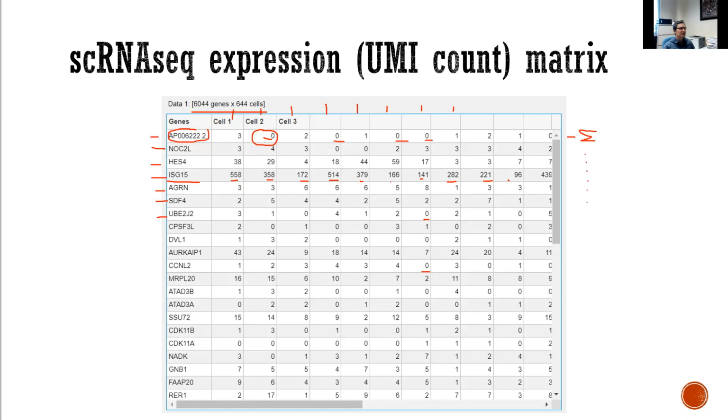If you have a gene with a sum of completely 0, which we don't have in this example, it means that gene's expression has not been detected in any of the cells you measured. You probably want to get rid of this gene, because its expression level is so low that it's undetected across all the cells you sampled. So you want to get rid of some of these rows.